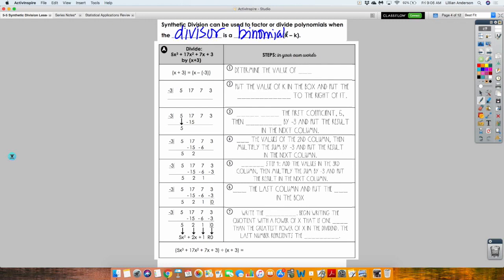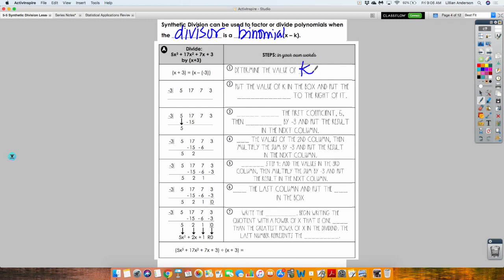So the first thing that we're going to do in going about dividing this binomial using synthetic division is we have to determine the value of k.